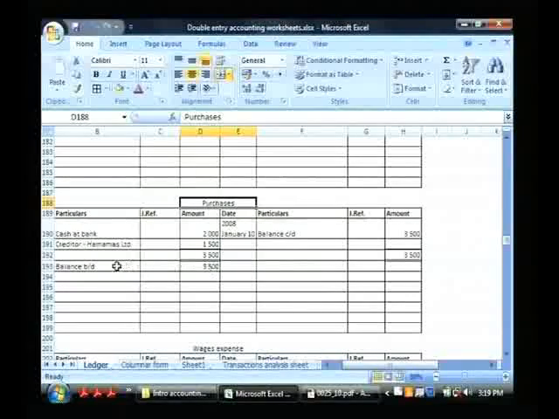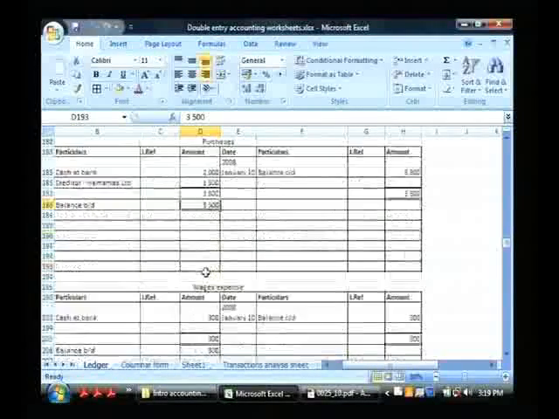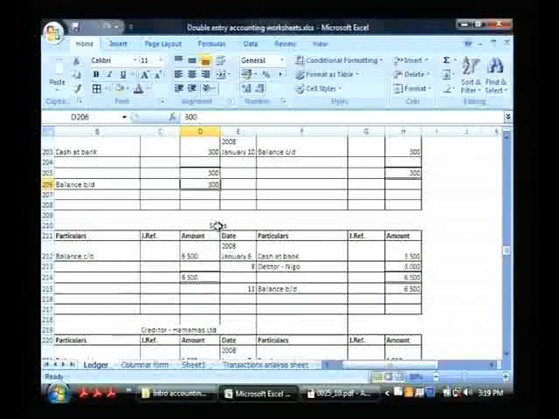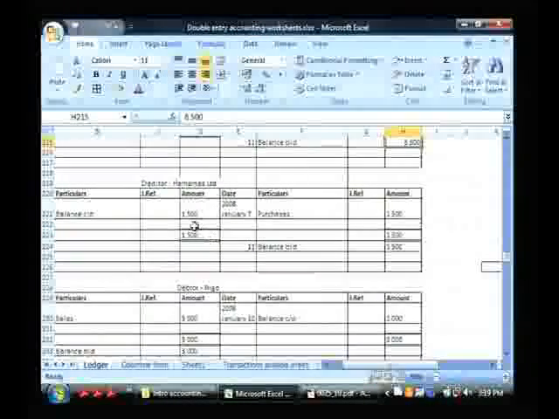Purchases, brought down balance in the debit side, therefore it is a debit balance. Wages expense, brought down balance in the debit side, therefore it is a debit balance. Sales account, brought down balance, credit, therefore it is a credit balance.